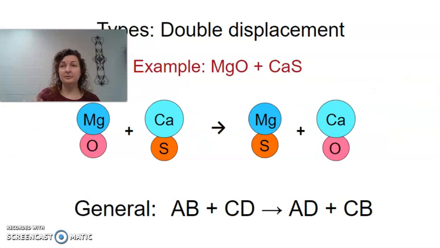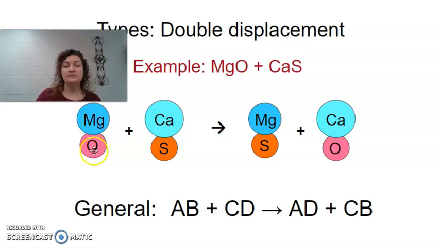And then double displacement, but it's really called double replacement too, and you'll probably hear it called double replacement more. So in this one we have different elements or compounds or molecules, you guys, and we're going to swap them. Okay, so 2 things are being replaced now instead of 1, and that's why it's called double, right?